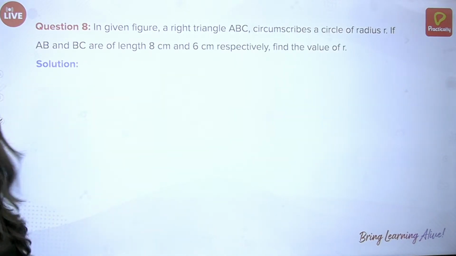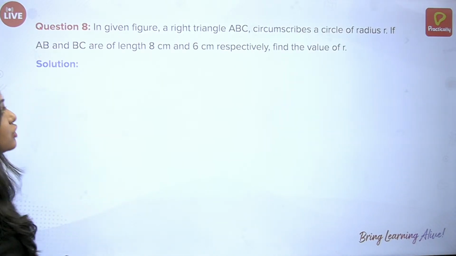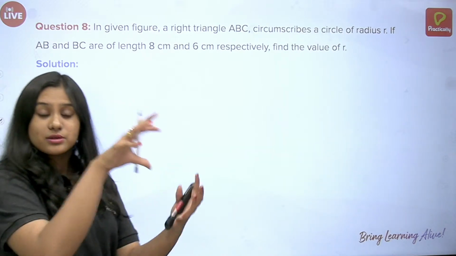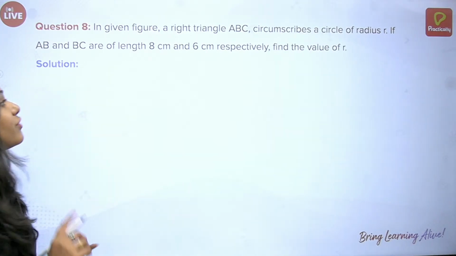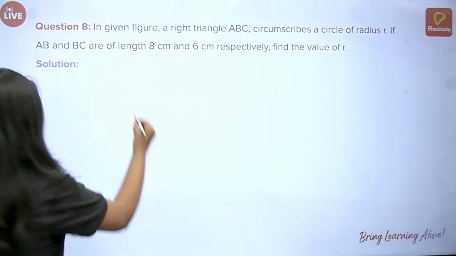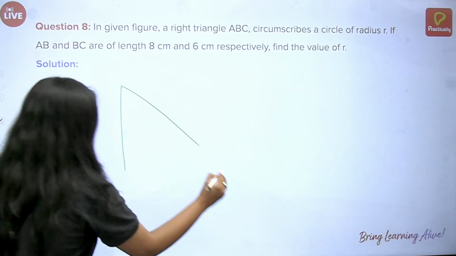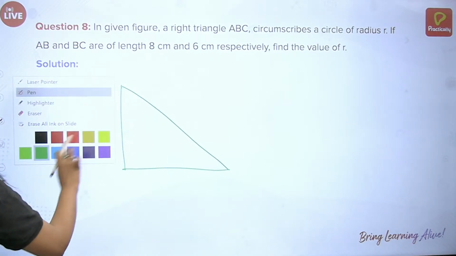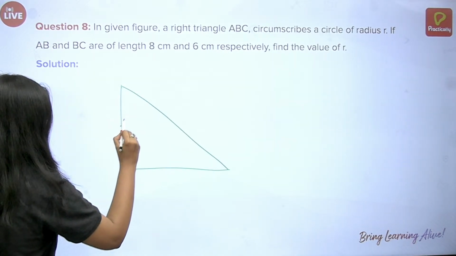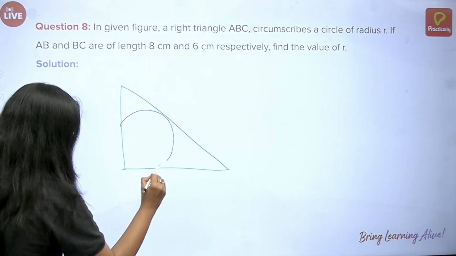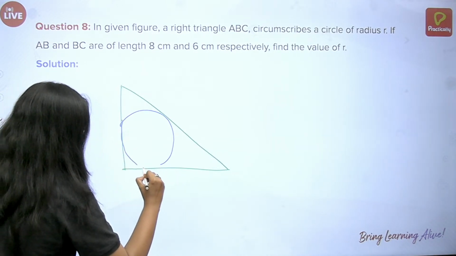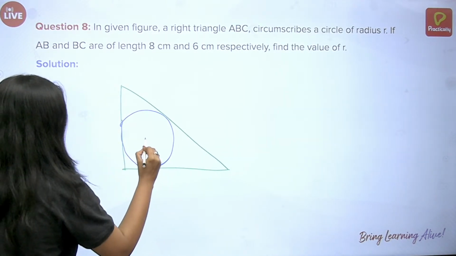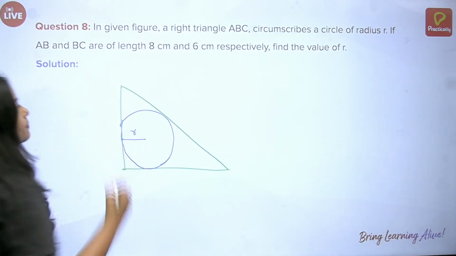Chalo, next. In a given figure, a right angle triangle ABC circumscribes a circle of radius r. Okay, so there is a right angled triangle and it circumscribes a circle. I'm very bad at drawing, and this is r.